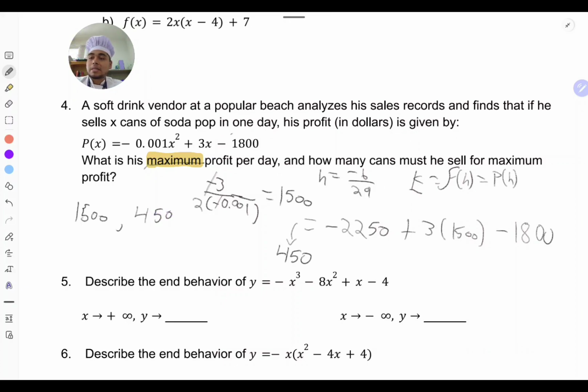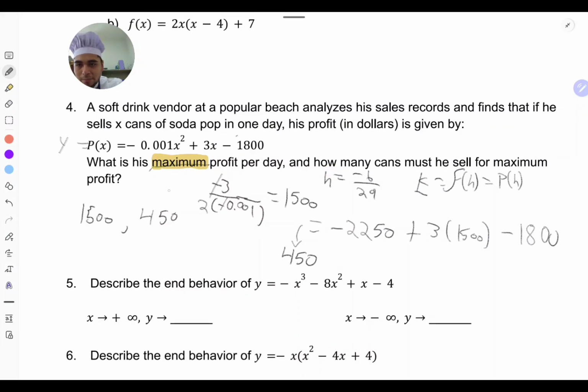So with that being said, this is exactly what we got right here, 450. What is his maximum profit per day? We know that profit is P of x, which also means it's the y, which means that his maximum profit per day is $450.